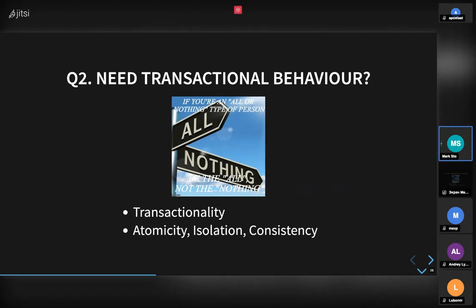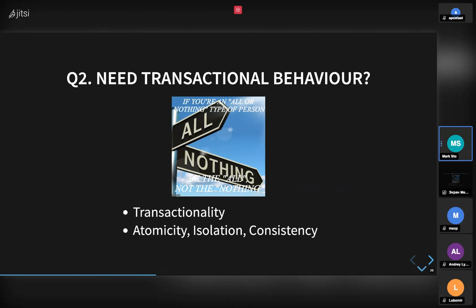So the next question is, do concurrent changes need transactional behavior? What's transactionality? It's a requirement that some concurrent write operations execute transactionally, that they have certain well-known properties or guarantees, like atomicity, isolation, and consistency.